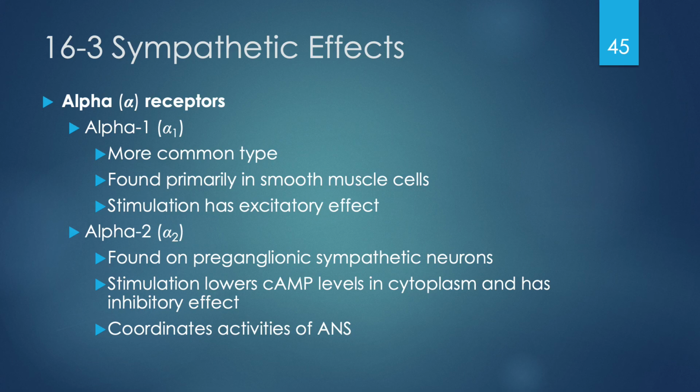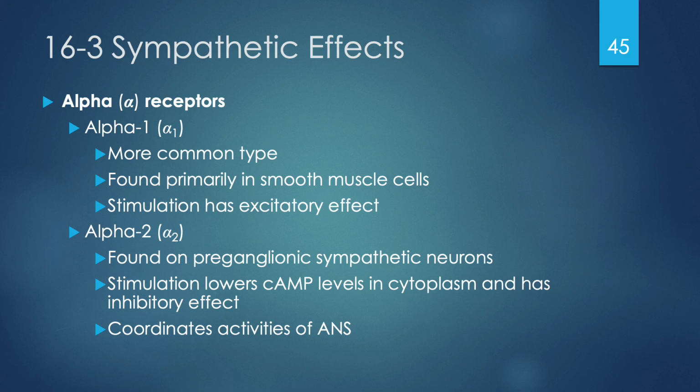Now the alpha 2 receptors are going to be found primarily on preganglionic sympathetic neurons. What this means is that we have G protein activation here that's going to lower the cyclic AMP level in the cytoplasm, and so this has an inhibitory effect on the cell. So this relaxes things for the most part. The alpha 2 receptors in the parasympathetic division are going to coordinate both our sympathetic and our parasympathetic activities.